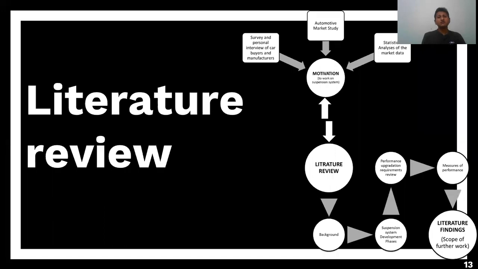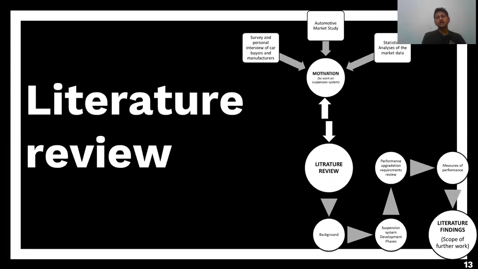First, how we have conducted the literature survey. The literature survey of this study has been conducted at a very broad level and has been categorized into two parts. First is the broad study, second is the focus study.